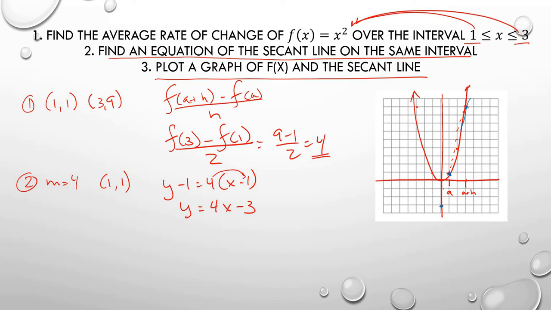So there it is. It goes through the 2 points I had before and through my y-intercept down below. So that's using an average rate of change to find a slope. Average rate of change is the slope of the secant line, and then I use one of the points on the graph to write the equation of my secant line.